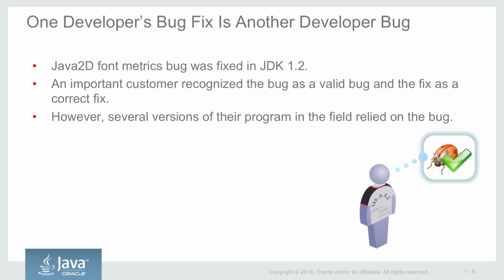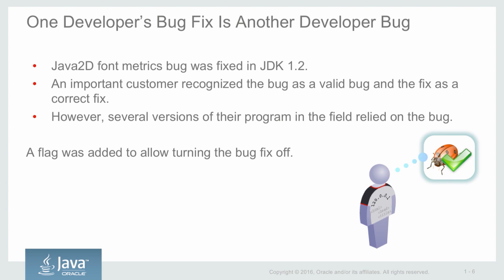However, turns out that we have a lot of versions of the program out there that rely on this bug. And we're going to need some time to upgrade all of our users to a new version of the program. So can you help us out, please? There's a flag in JDK 1.2 that re-enables the bug.